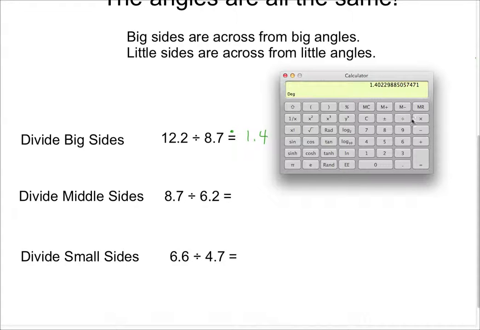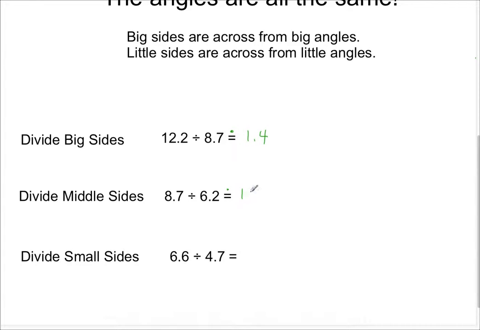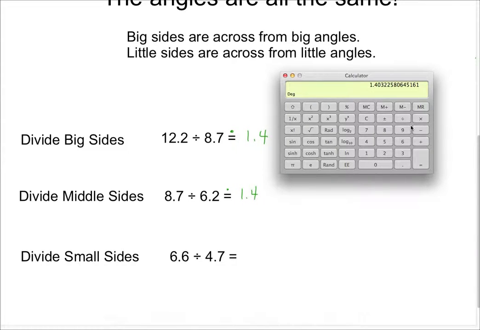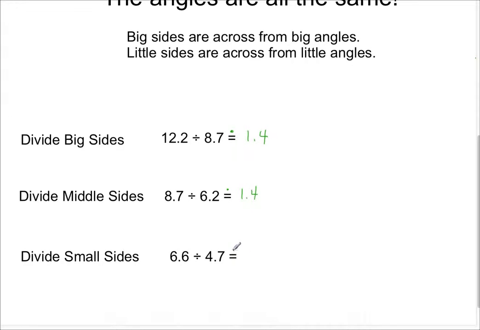And then the next one, 8.7 divided by 6.2. And we get about 1.4. Ooh, coincidence? Not sure. The last one, 6.6 divided by 4.7, which gives us about 1.4.